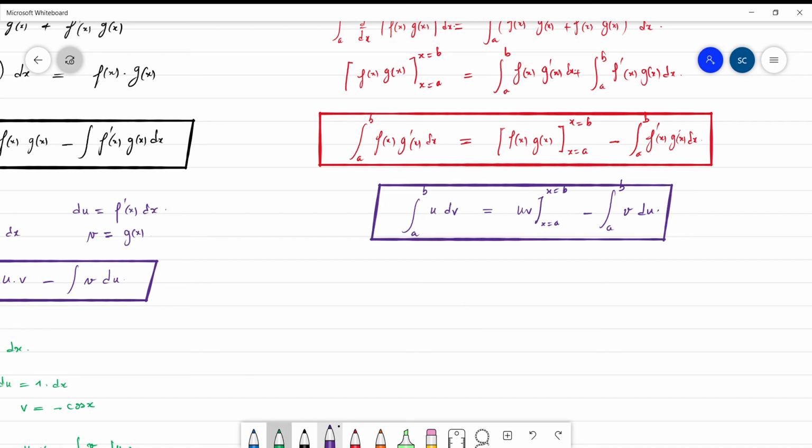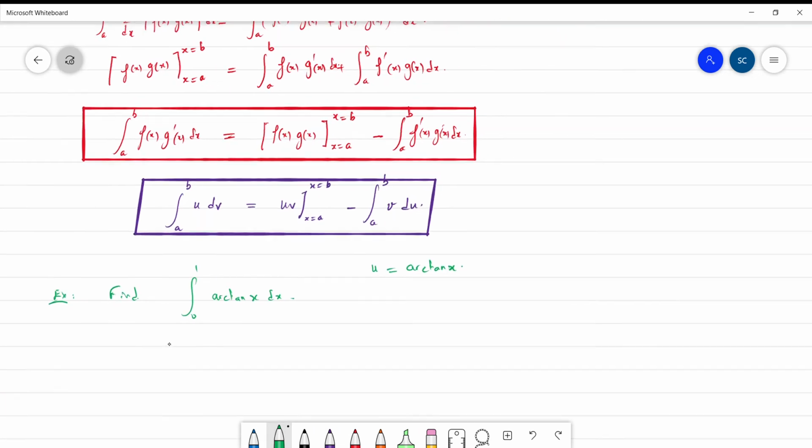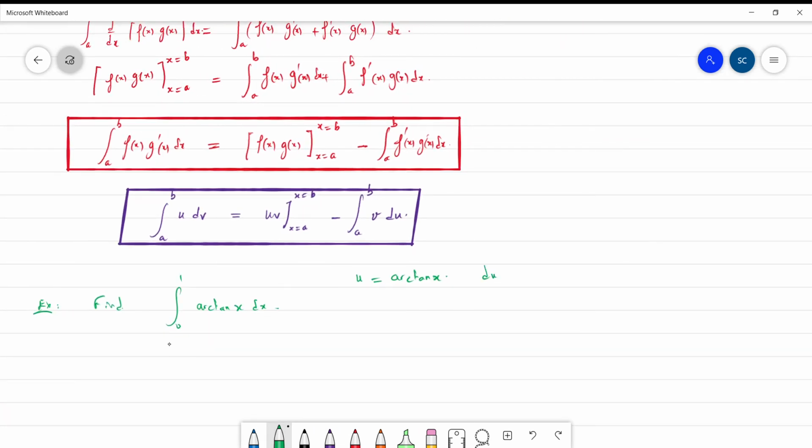So an example: find the definite integral of arctangent x dx. Here I choose u equal to arctangent x, so that du is 1 over 1 plus x squared dx. What about dv? dv is 1 dx and v will be x.